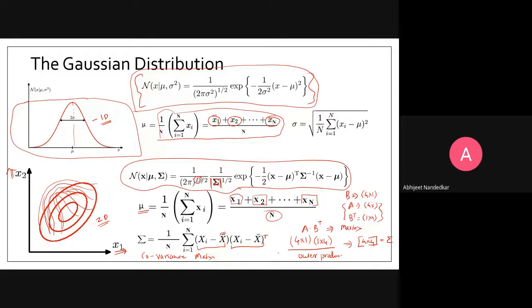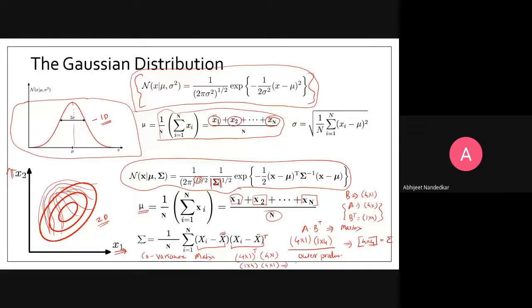Okay, so there are two types of vector multiplication. Normal vector multiplication is actually called the inner product. So it is 4 by 1 transpose multiplied by 4 by 1, so this will be 1 by 4 multiplied by 4 by 1.